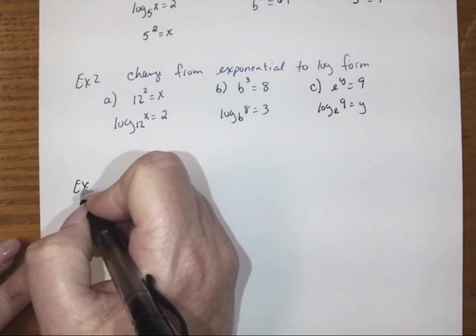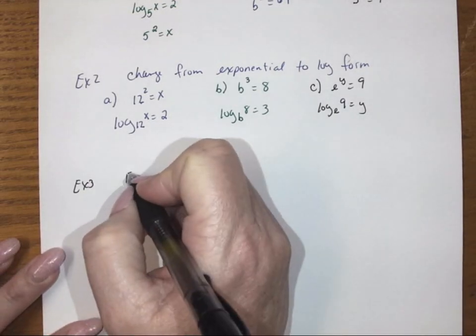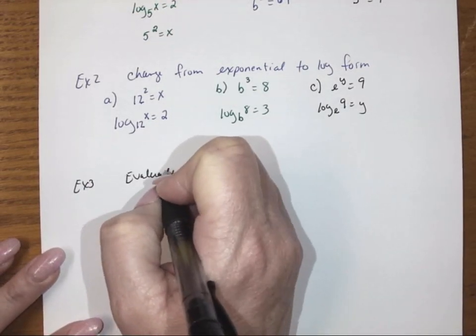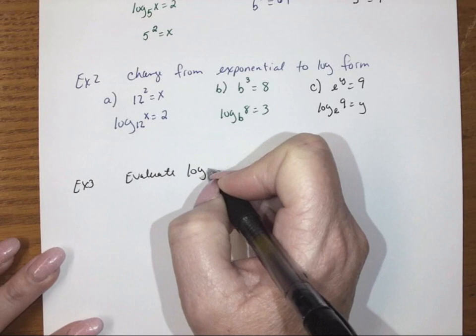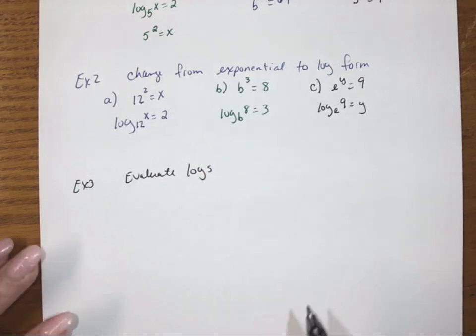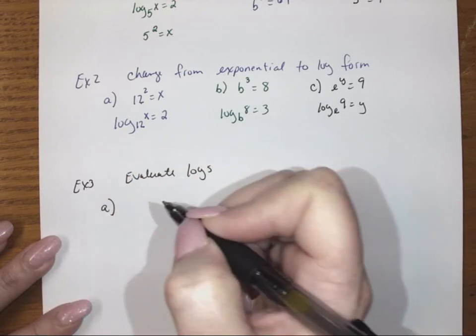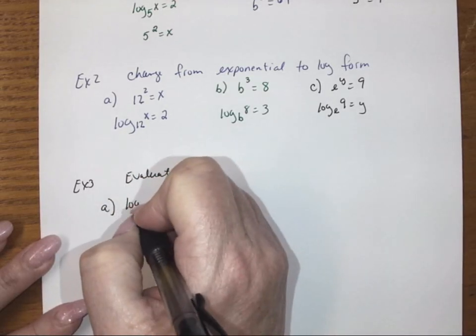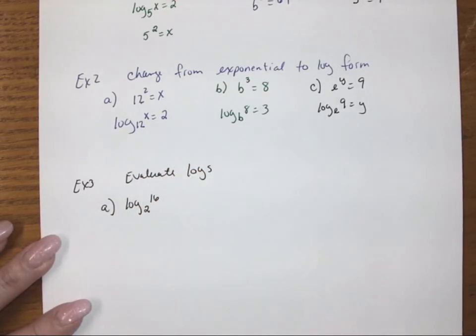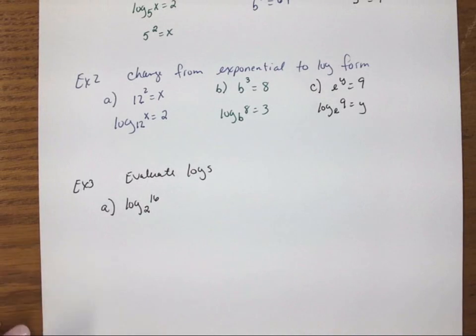So example 3, we are evaluating logarithms. So I'm going to just put logs. For part A, we have log base 2 of 16, and we're trying to figure out what it equals.